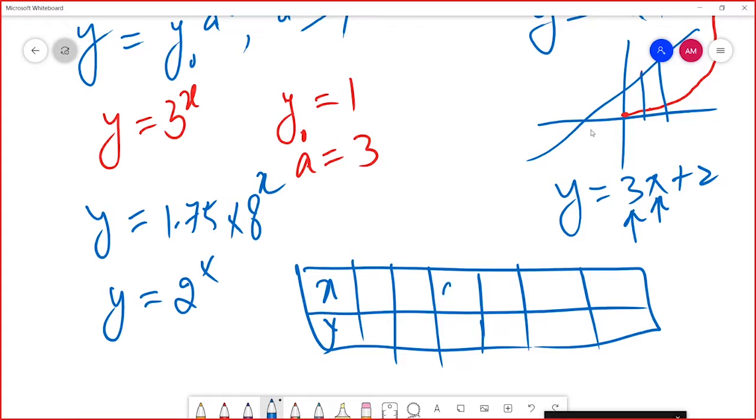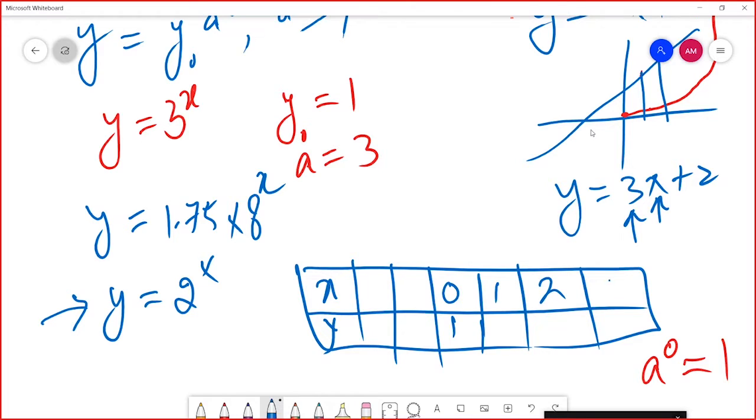For example, if I put x is equal to 0, what would be the value of y? 2 raised to the power 0. No, 1. Indices: any number raised to the power 0 is 1. Do you remember that? The formula says, let me write it in red, a raised to the power 0 is 1. You remember that?